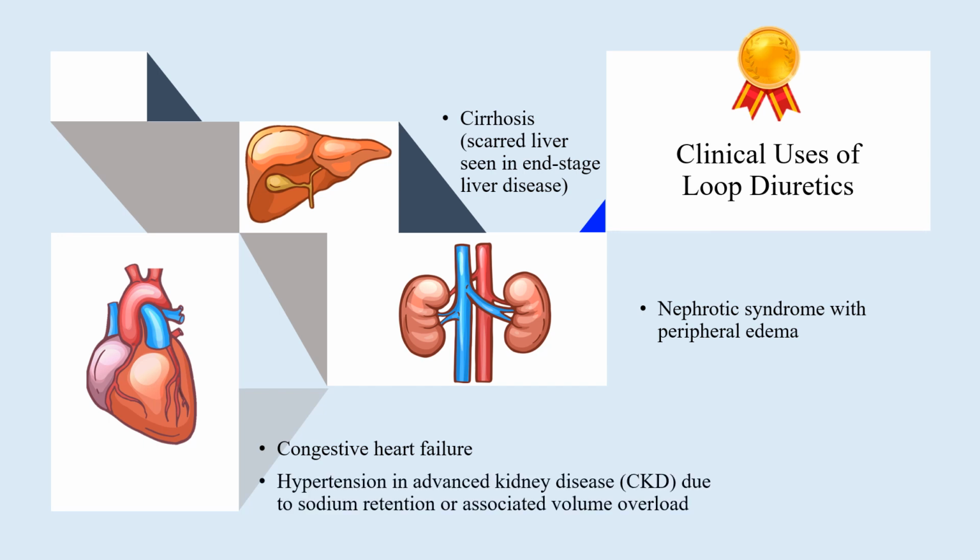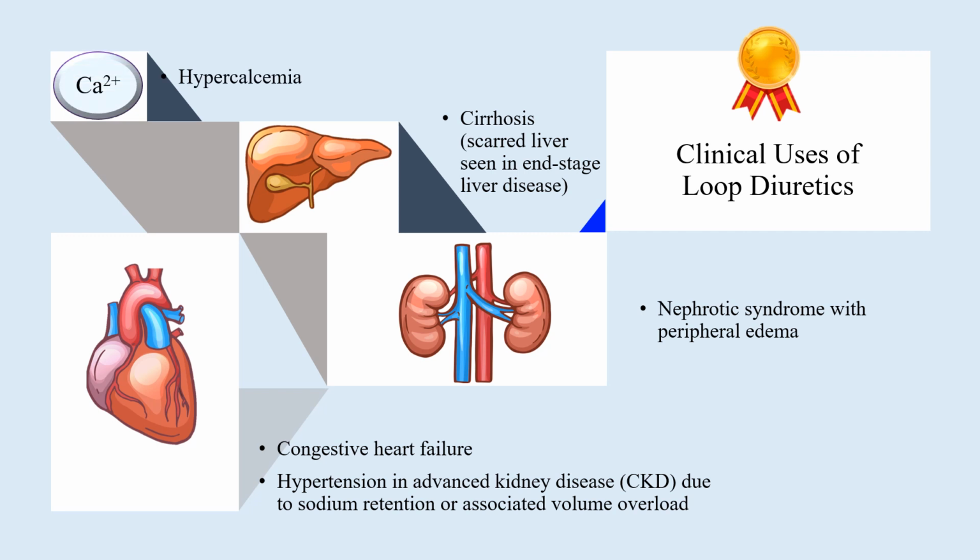We may also use loop diuretics for hypertension in the setting of advanced kidney disease, where the kidneys can no longer adequately excrete the excess dietary sodium and water intake that contribute to hypertension. We can also use loop diuretics for severe hypercalcemia.